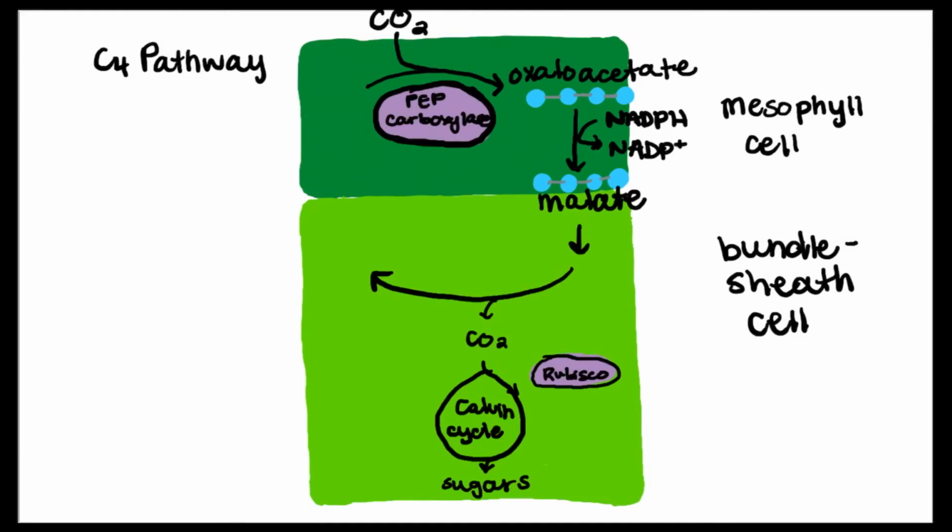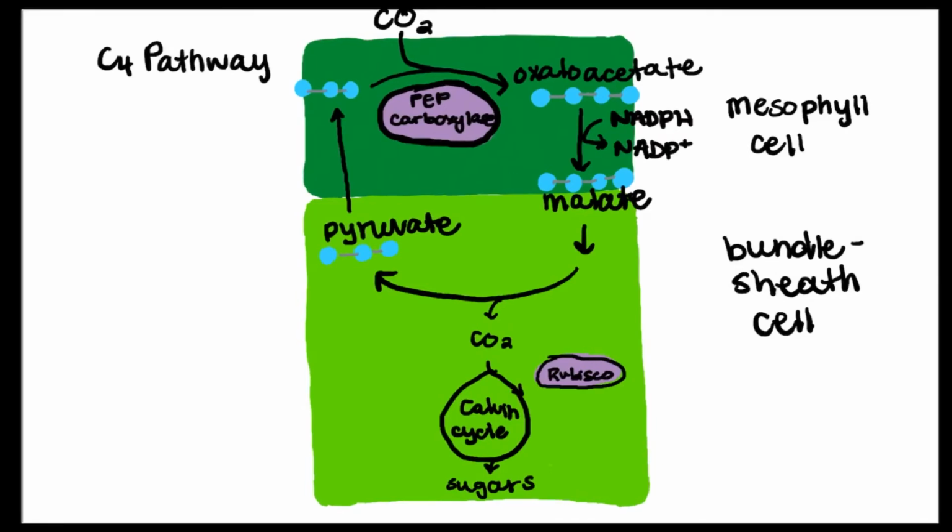The other two byproducts of the decarboxylated malate are pyruvate and NADPH. The pyruvate re-enters the mesophyll cell, reacts with ATP, and is converted back to phosphoenolpyruvate.